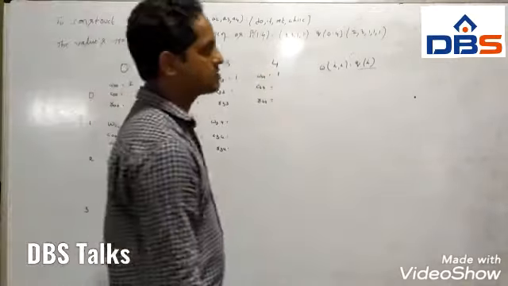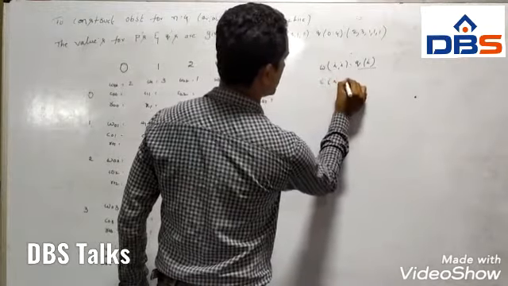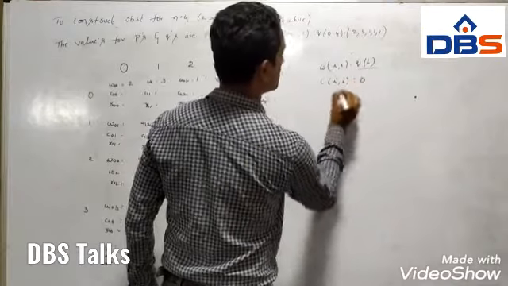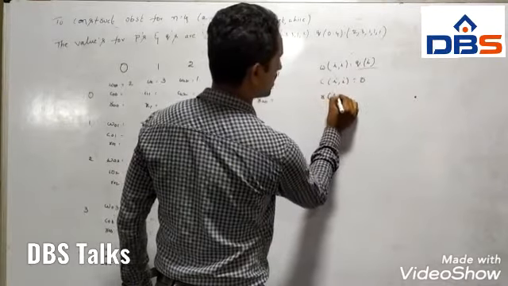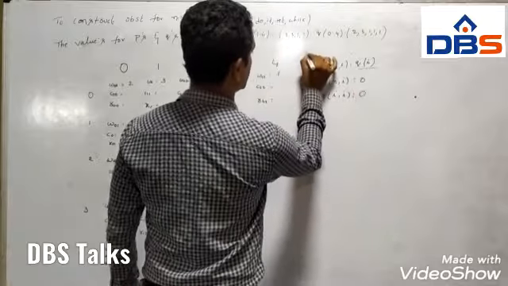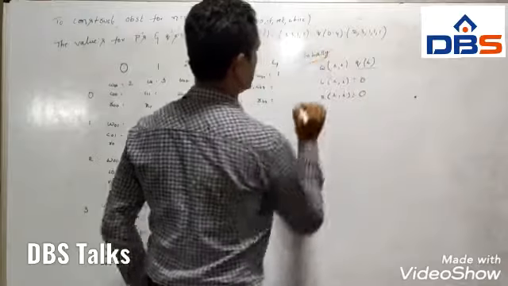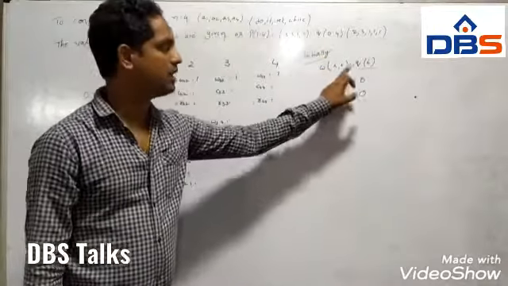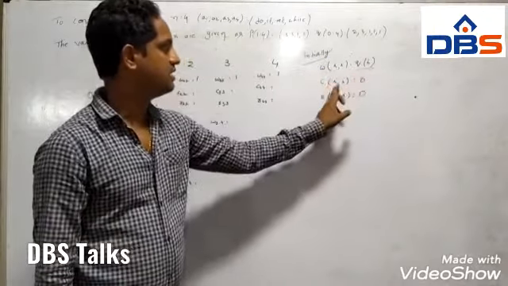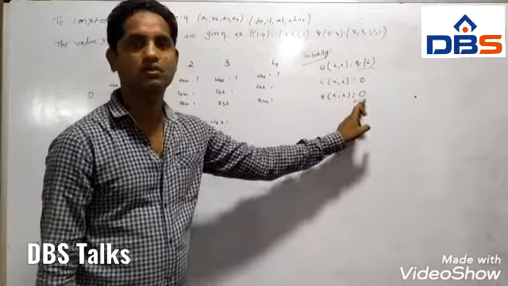Next, C of i comma i equal to 0, and R of i comma i equal to 0. So initially we assign W of i comma i equal to Q of i, C of i comma i equal to 0, R of i comma i equal to 0.